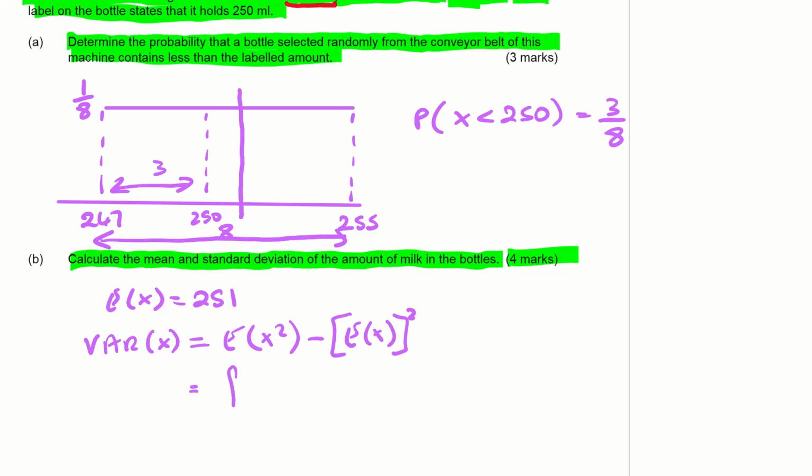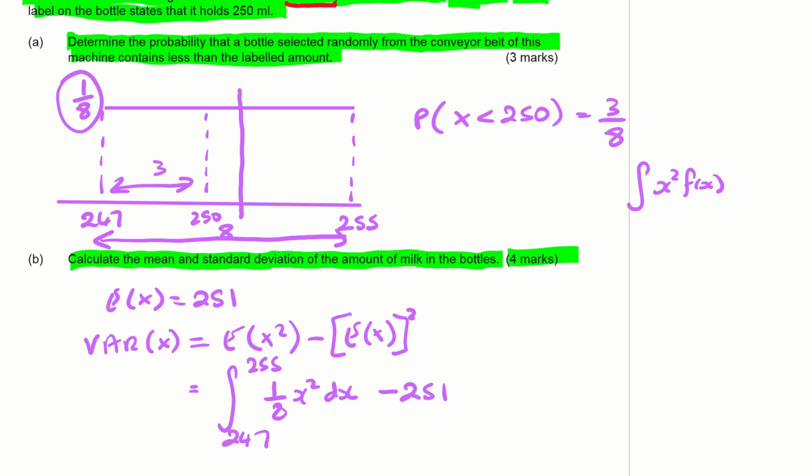that is the integral from 247 to 255 of, so expectation of x squared is the integral of x squared f of x. Our f of x is just 1/8, so there's going to be 1/8 x squared dx, and then take away E of x squared, which is just that.